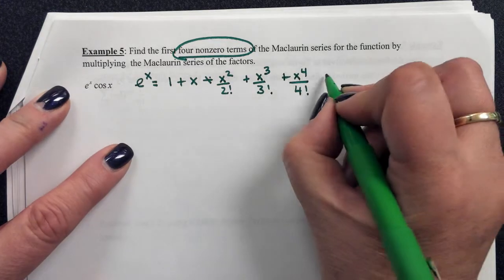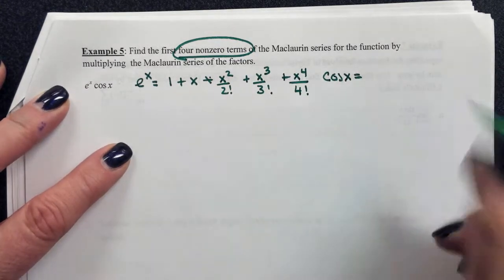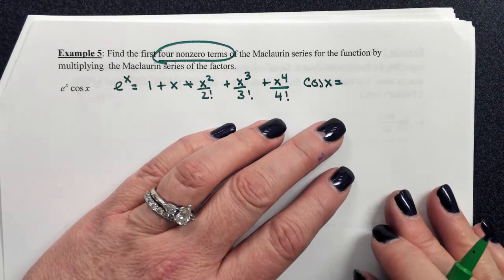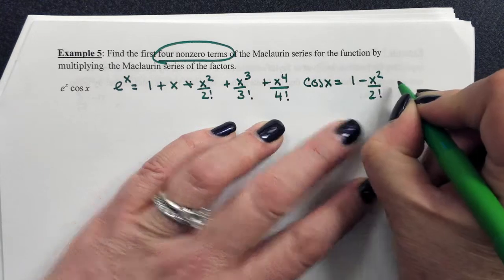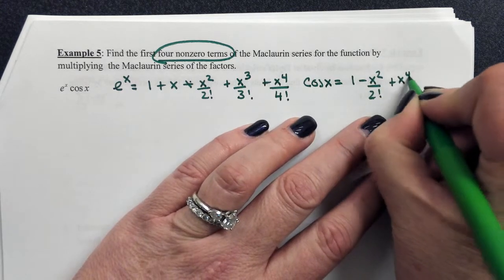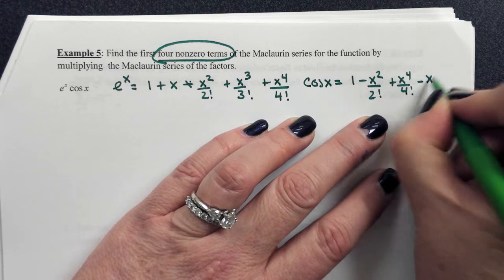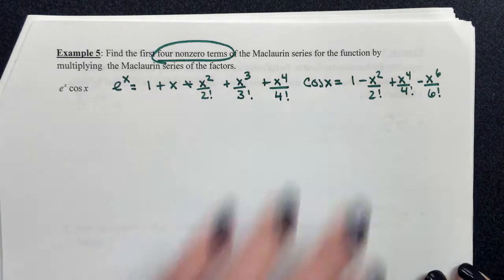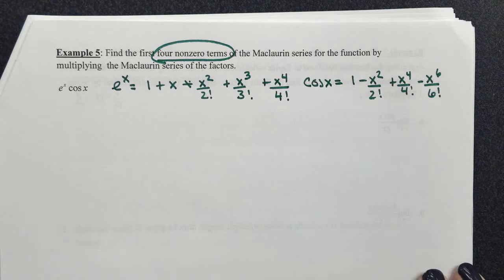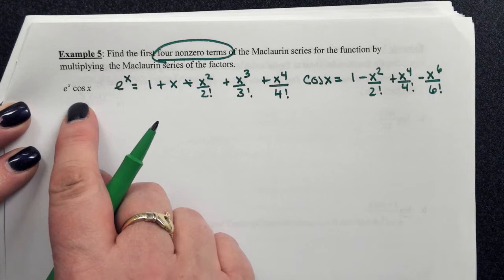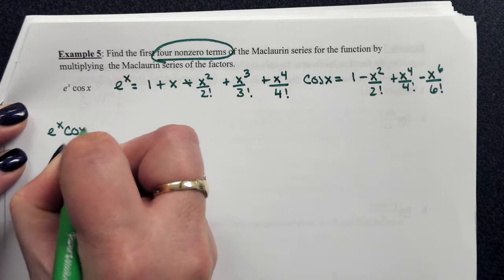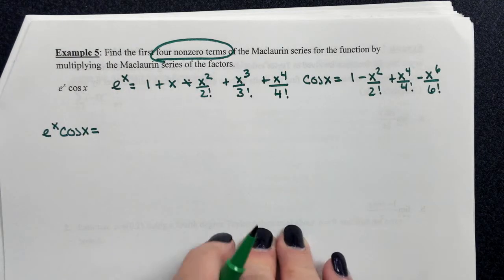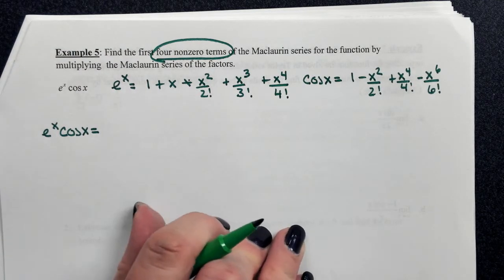I also know what the Maclaurin series for cosine of x is going to be. So cosine of x, remember, is my 1 minus x squared over 2 factorial plus x to the 4th over 4 factorial minus x to the 6th over 6 factorial. So now I want to find the product of these two Maclaurin series. So e to the x, cosine of x is going to be equal to, some of you may find writing the product vertically is helpful.